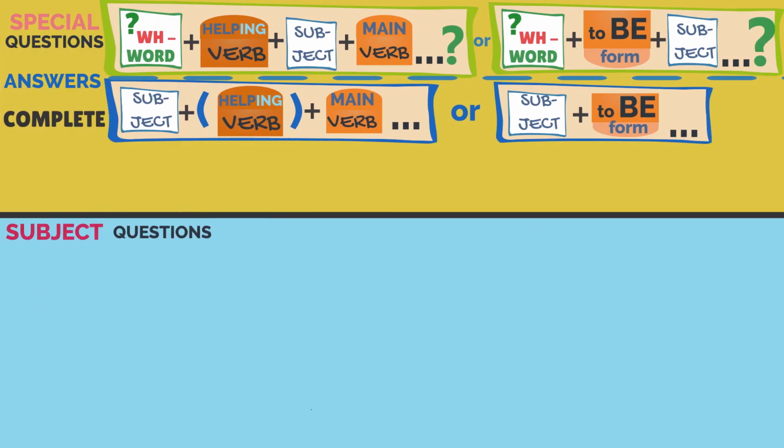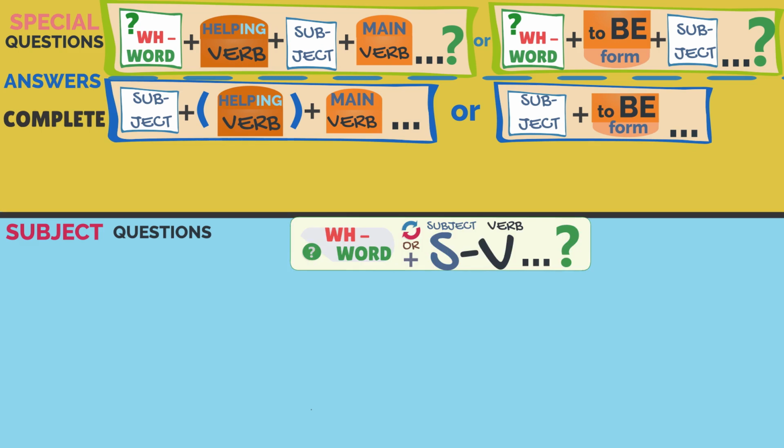Subject questions are the type of special questions that we ask when we need to identify or describe the subject. In subject questions, unlike other special questions, the word order is not inverted, and we just add the WH word at the beginning, instead of the subject, or before the subject.